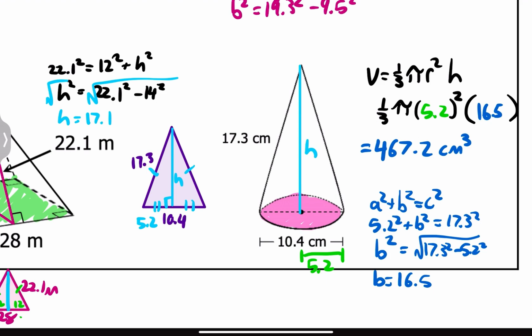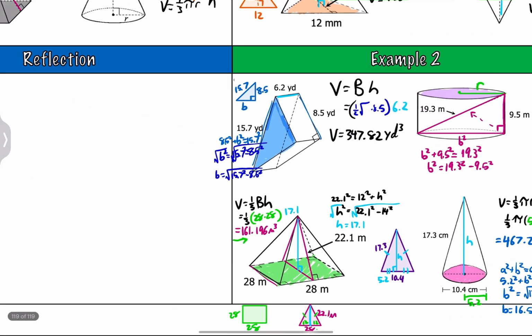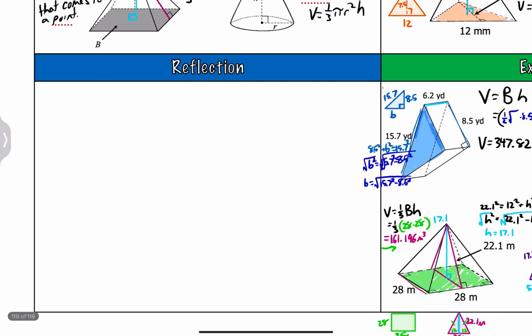So, for your reflection, I want you to take a moment and think about how can you tell the difference between the different heights? How do you tell them apart?